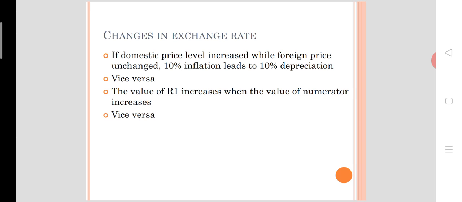The reverse will happen if there is no change in price level in the domestic economy and 10% inflation in the foreign economy. That could lead to 10% appreciation of the domestic currency or 10% depreciation of the foreign currency.